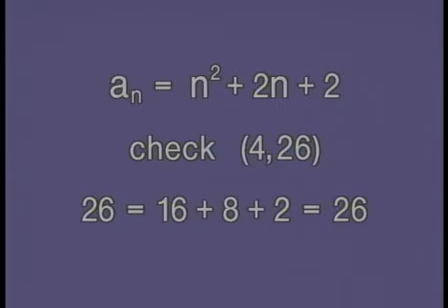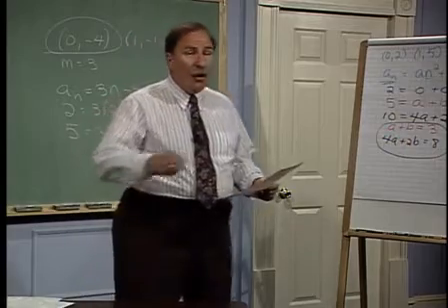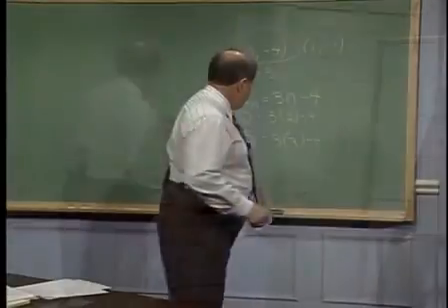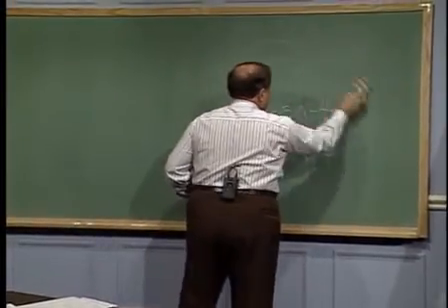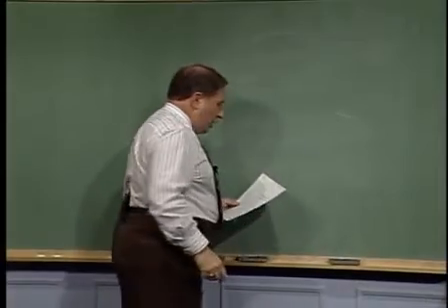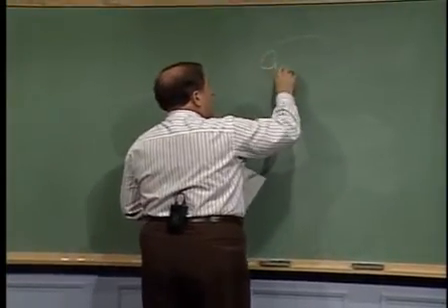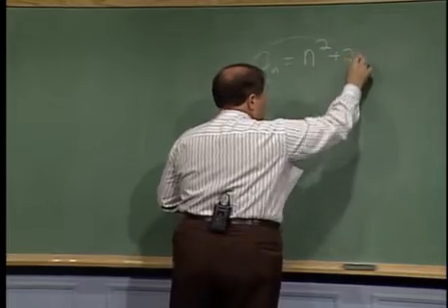But just to demonstrate what we're doing, the board here, I'm going to go ahead and check the other point. So let's go back over here and erase all this stuff and take a look at our equation. And our equation, of course, is a sub n equals n squared plus 2n plus 2.